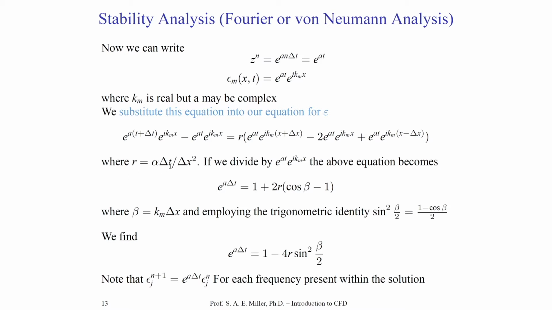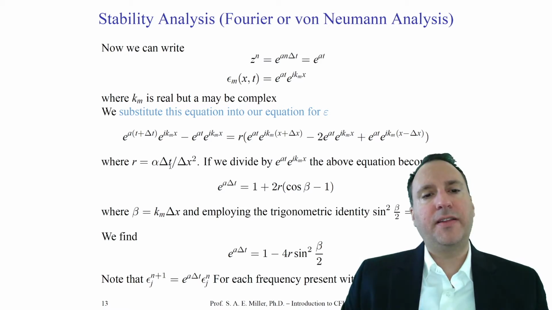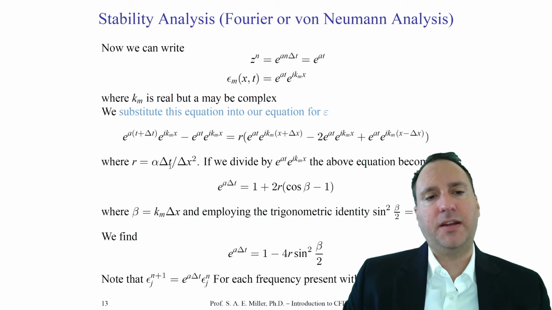If we set it to 0, of course we won't advance in time at all, and we'll just find the next time level is equal to the current, because we're not advancing in time. Finally, we would have to set delta t to be some value such that r is less than 1/2 and r is greater than 0. By doing that, we can ensure that our scheme is stable for a given delta x and coefficient alpha.